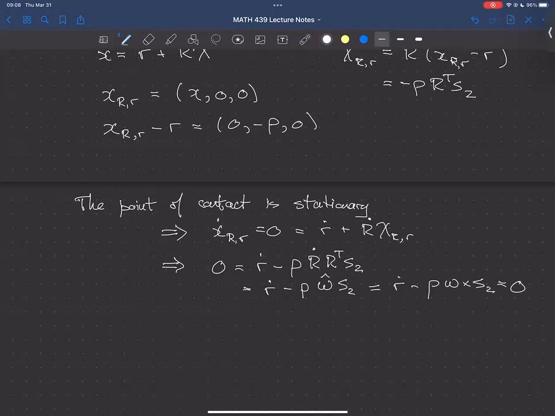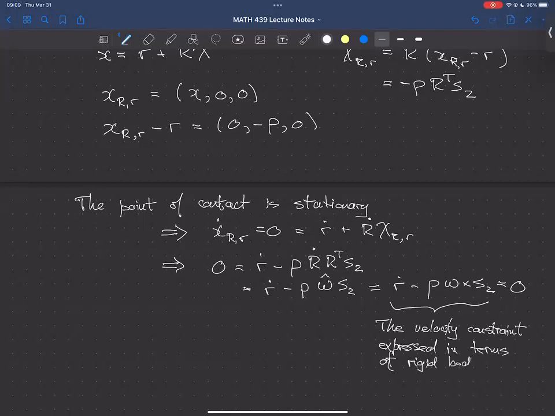This is the velocity constraint expressed in terms of rigid body velocities, that is, the translational velocity r dot and the spatial angular velocity omega.